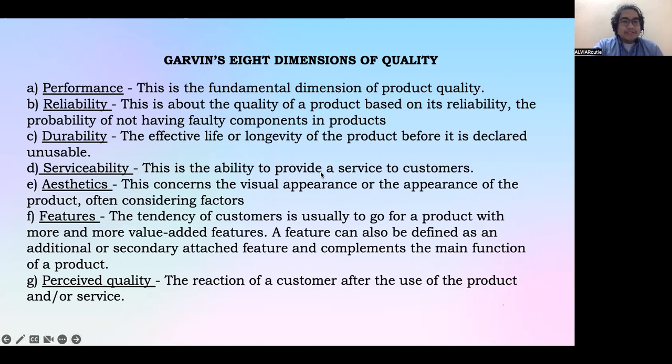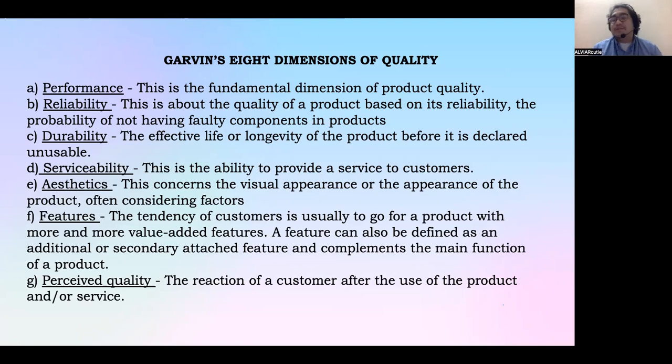So next is perceived quality. The reaction of a customer after the use of a product and or service. So perceived quality, kaya siguro may comment section or feedback, ganyan-ganyan. Yung napapansin niyo sa mga apps, sa shopping online, may gano'n, kamusta ang paggamit niyo, rate this one, 5 star.